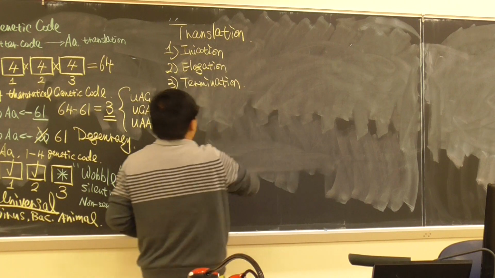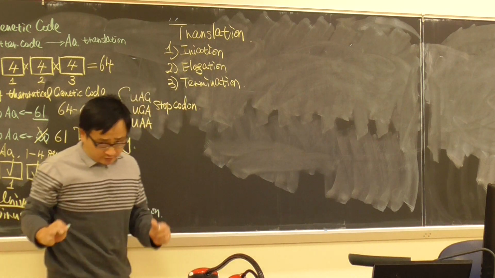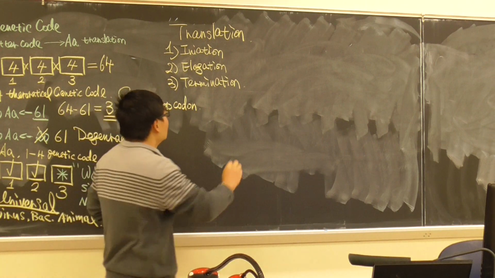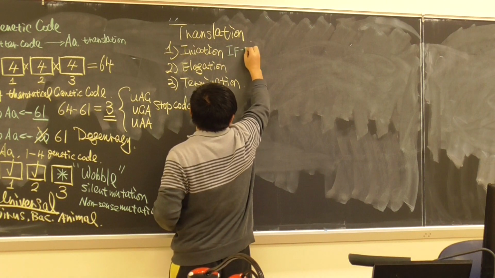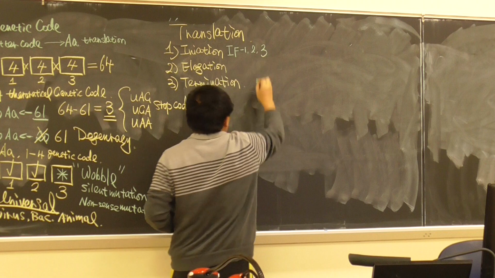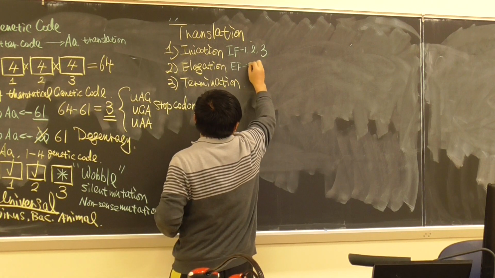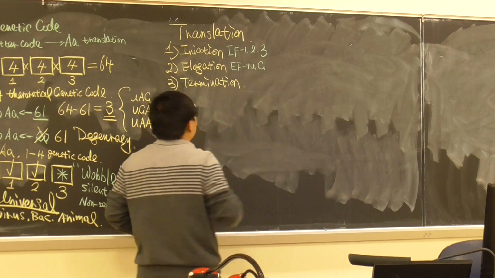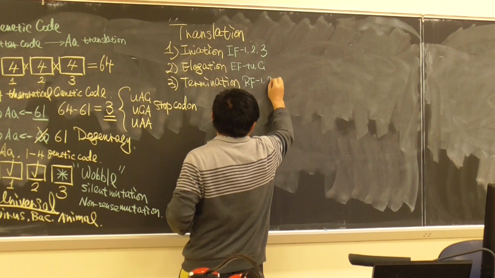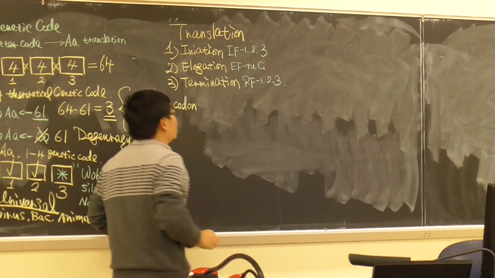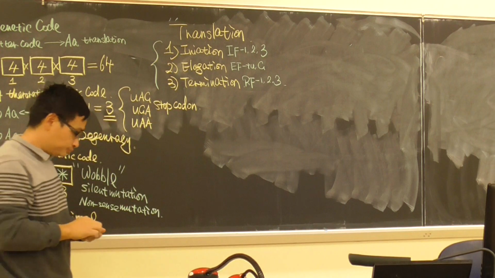Now, all of these in the translation process need some factors, which means they are proteins. Initiation needs IF factors 1, 2, 3. Elongation needs elongation factors Tu and G. Termination needs releasing factors 1, 2, 3. Those are all proteins. So we will talk about the details of all these.